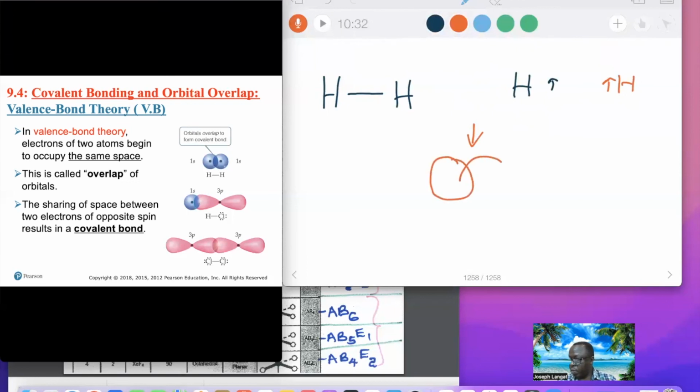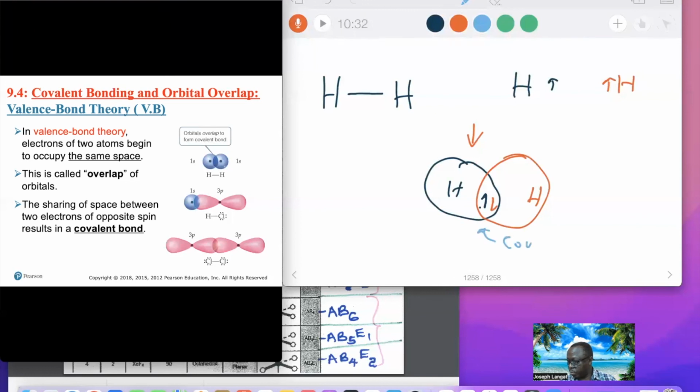The first hydrogen and the second hydrogen, we have sharing of electrons. So here is where we have the covalent bond. This is valence bond theory, that there is an overlap.